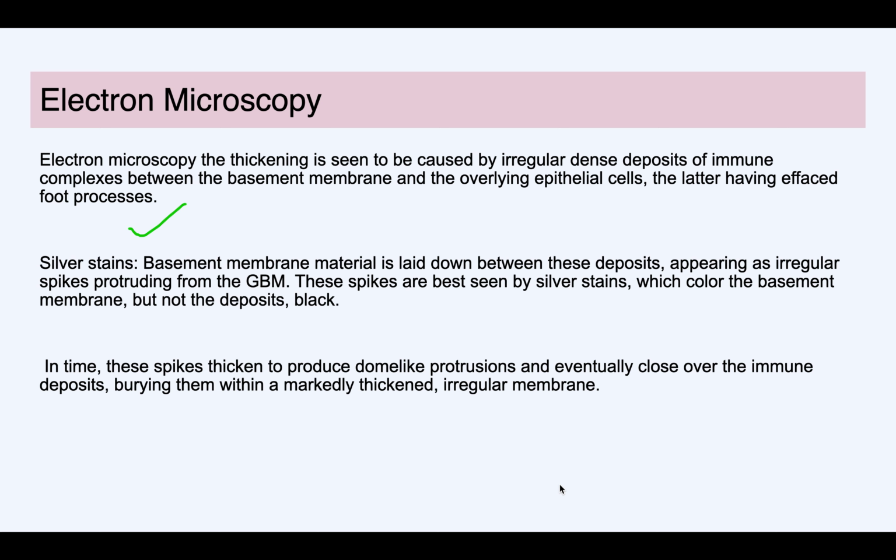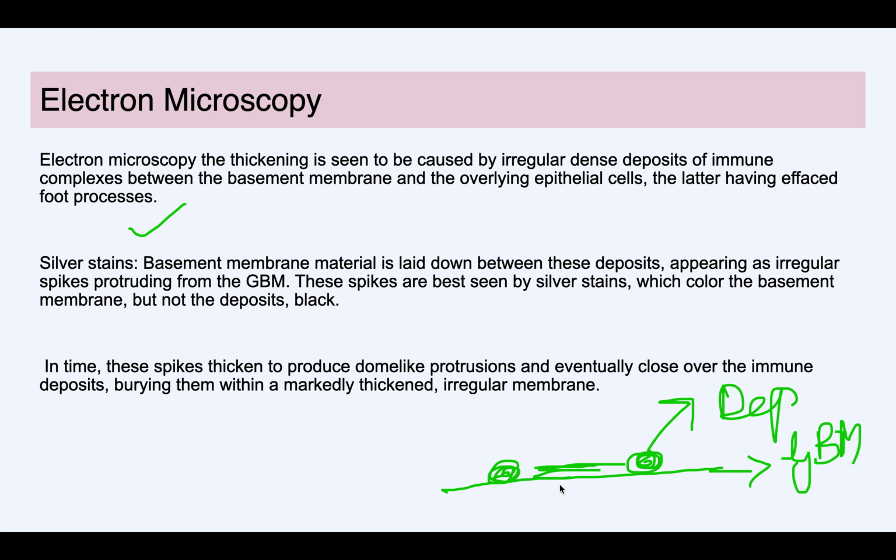Now what happens is, because of the deposition, if you see these are the deposits, the basement membrane is laid over here. So this is your normal glomerular basement membrane, and these are the deposits. In between them certain basement membrane material will be laid.